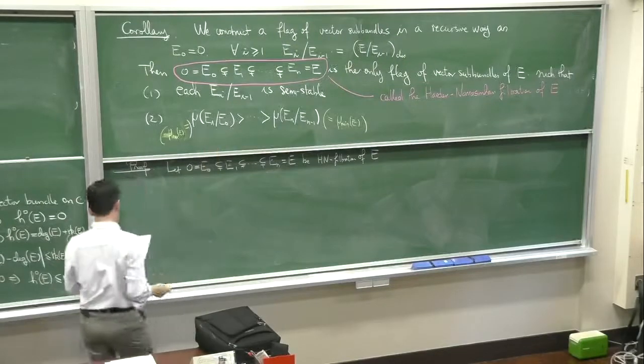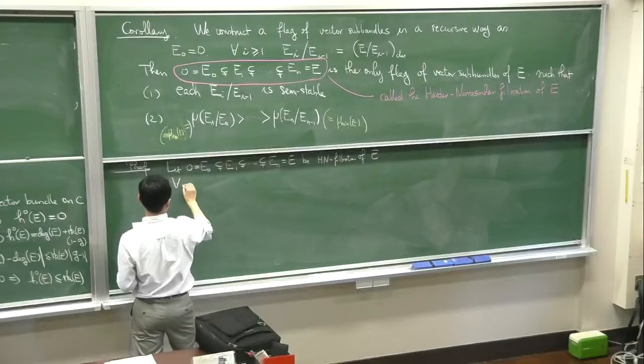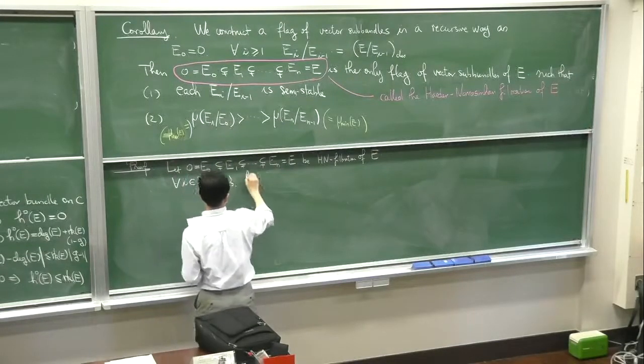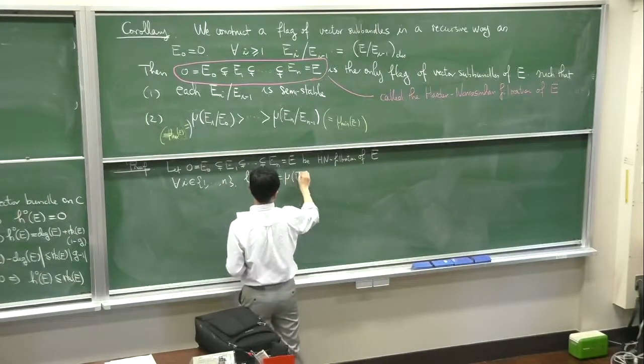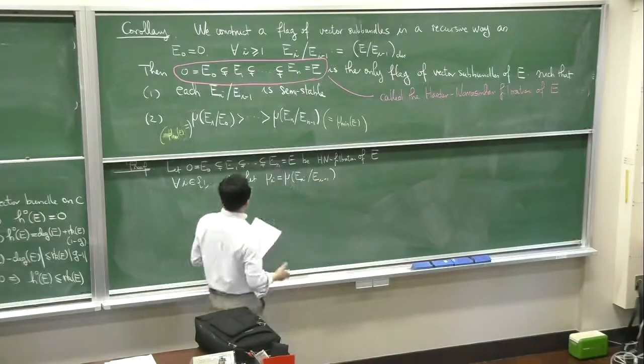We also give some notation for such successive slopes, for any i from 1 to n. Let mu_i be the slope of E_i over E_{i-1}.